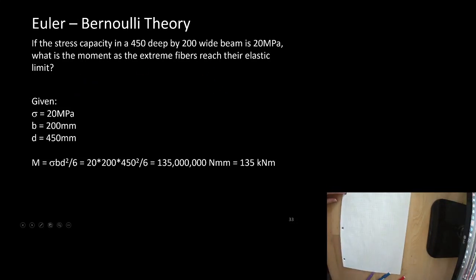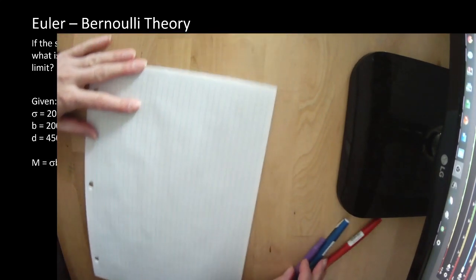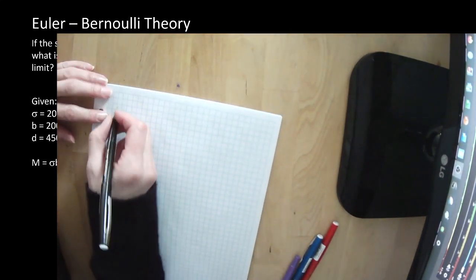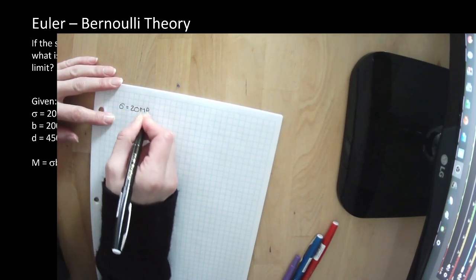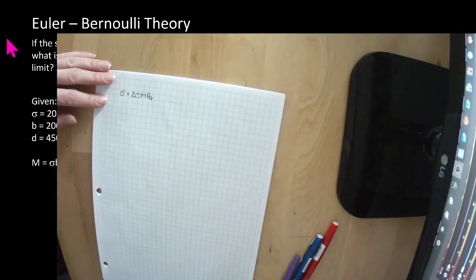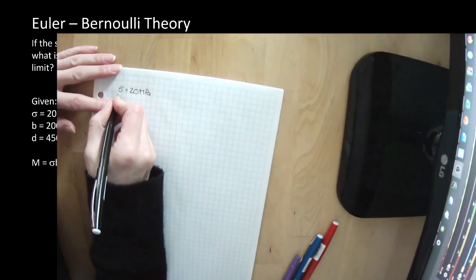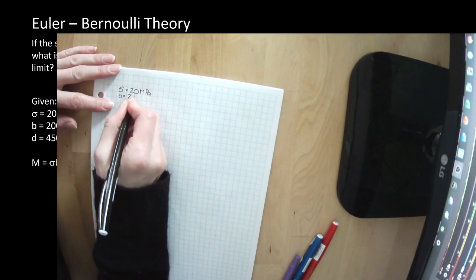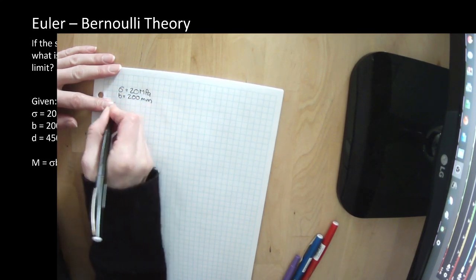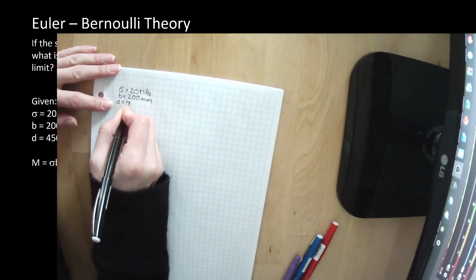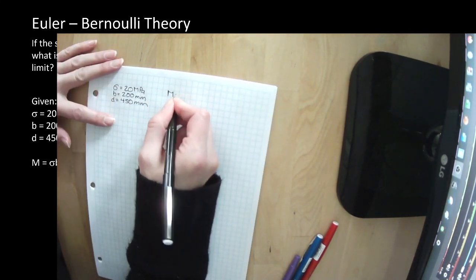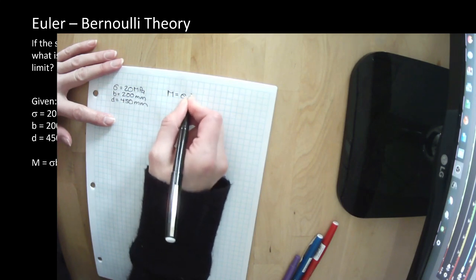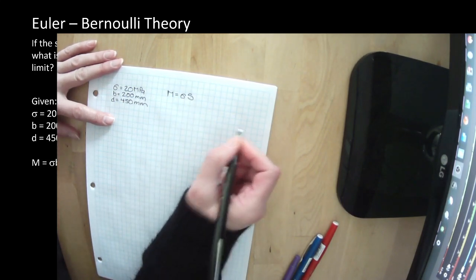They've given us stress equals 20 MPa. And we know that B equals 200 millimeters and D equals 450 millimeters. We know that moment equals stress times the shape property.